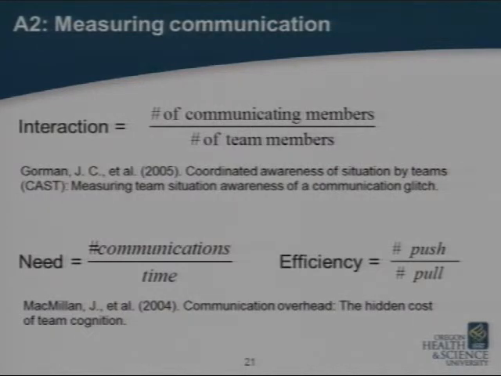Macmillan took two different approaches, which was to measure both the rate of communication and the efficiency of communication in terms of the ratio of pushes to pulls. So for example, if I'm sending information out and not requesting information, then that implies a certain level of efficiency in that I don't have to ask what's going on from the other person.